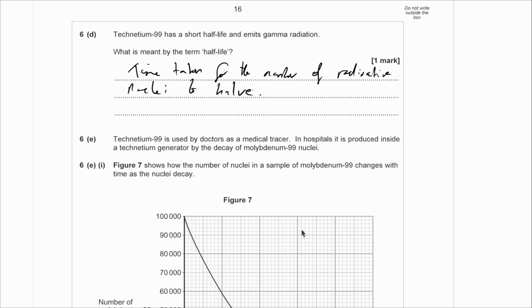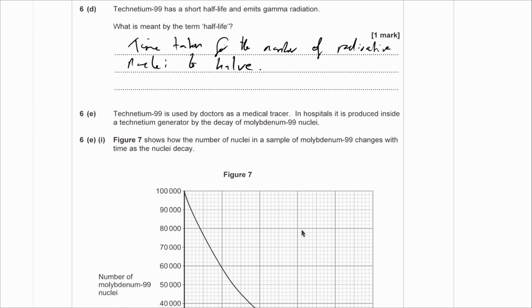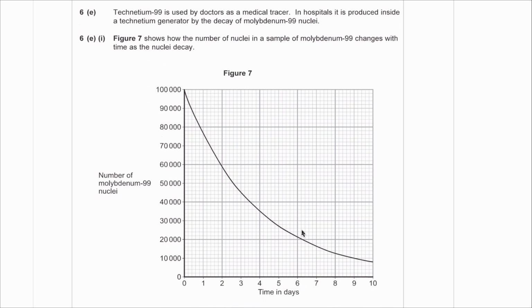So if you have a radioactive material, the time taken for you to have half of that radioactive material left is the half-life of that substance, and that half-life is constant, and so it doesn't matter how much of it you've got.